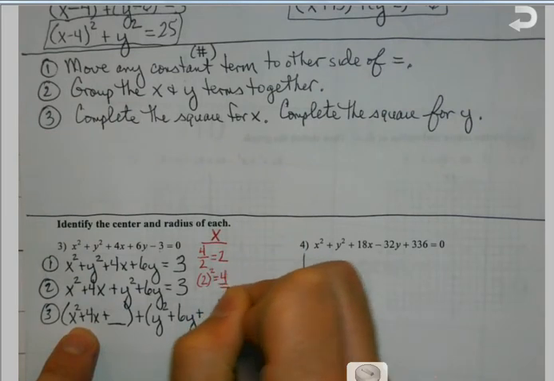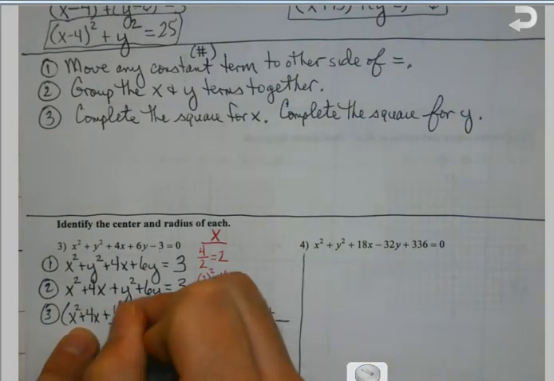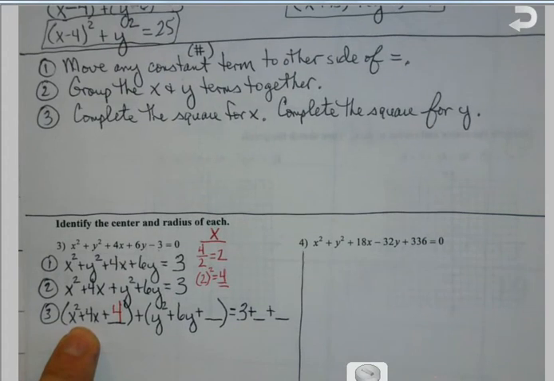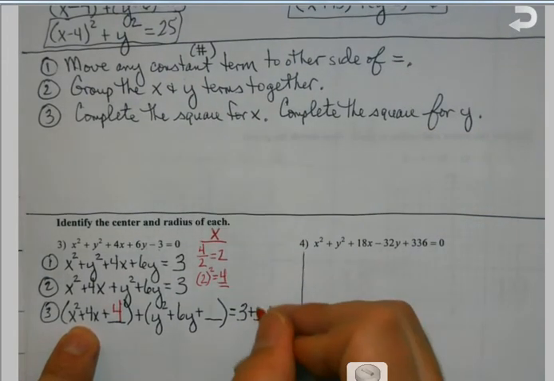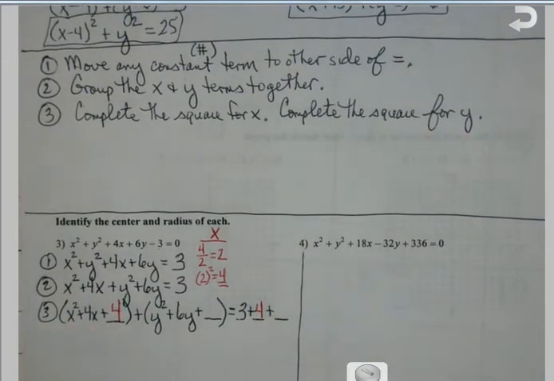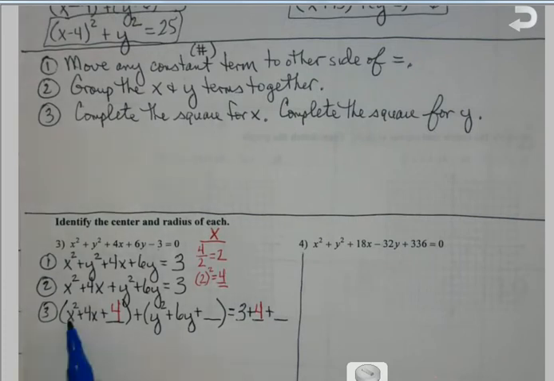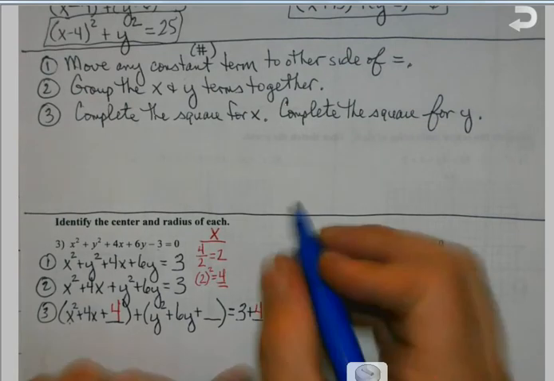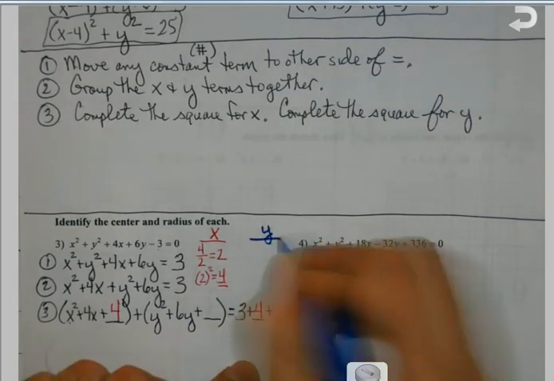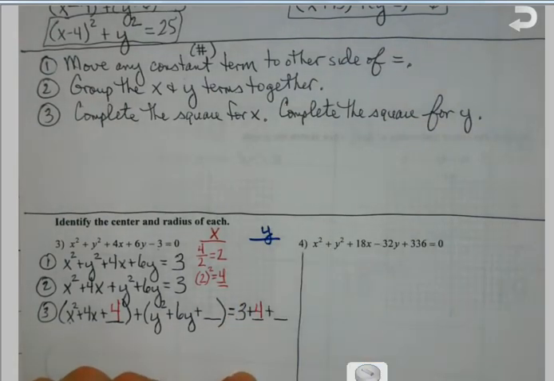That's the value that I'm going to put in that blank with my x's. And it's also the number that I'm going to put in my first blank over on the right side. Because this is where the completing the square process comes from. Because again, x squared is a perfect square, and so is 4. I'm going to do that same thing again with my y's.